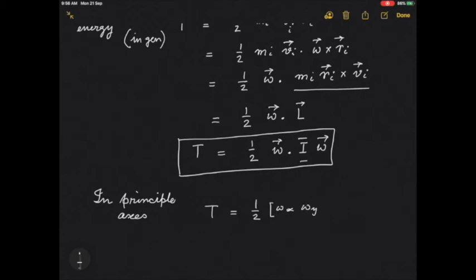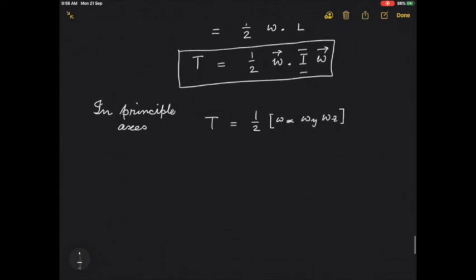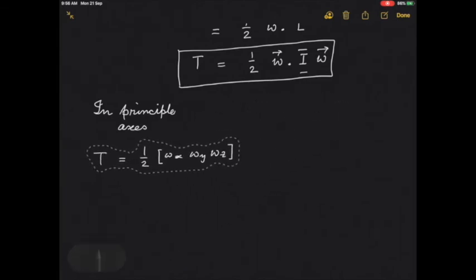This can be looked at as a product like this with I diagonal. So let me generate some space and write this.